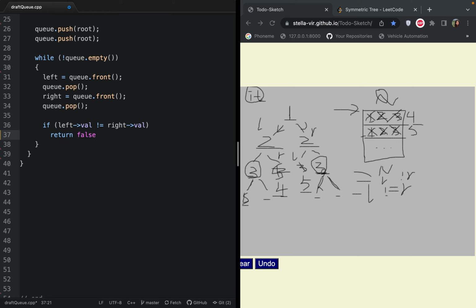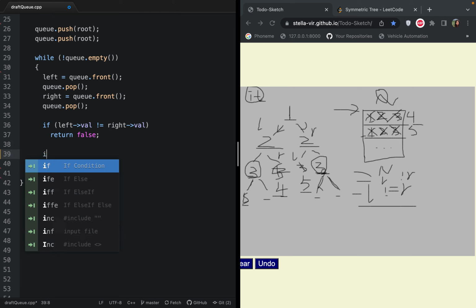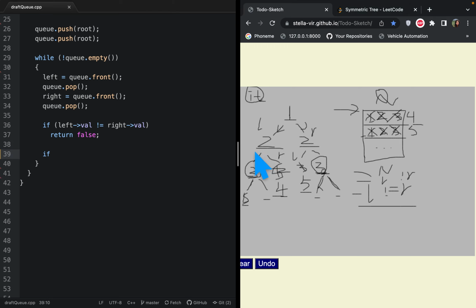We have met our edge cases, then we return false. Otherwise, we keep going, the values are equal, then we go to the left side of this left side and the right side of this right side.